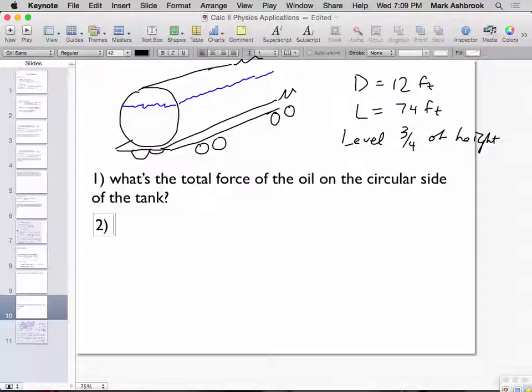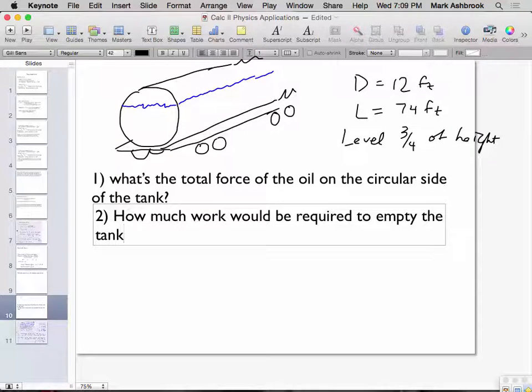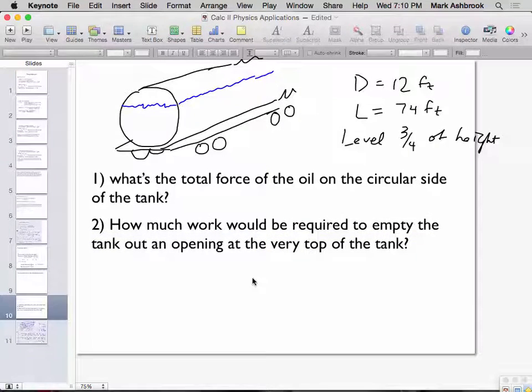And then 2, how much work would be required to empty it? Okay, what I also didn't tell you is that the density of gasoline is 44.9 pounds per foot cubed.